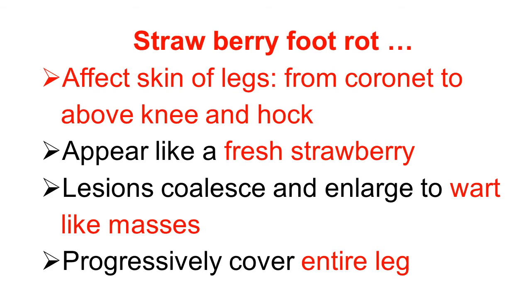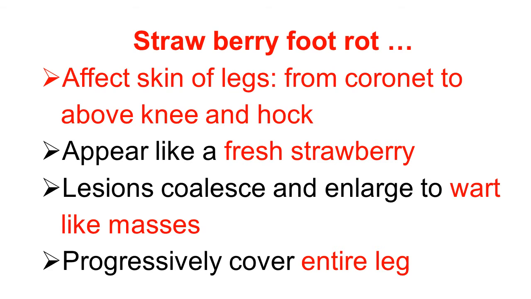Slowly the lesions join together, coalesce and enlarge, and form wart-like masses, characteristic of the disease. Progressively, the lesion covers the entire leg, and the whole leg is covered with warty masses.